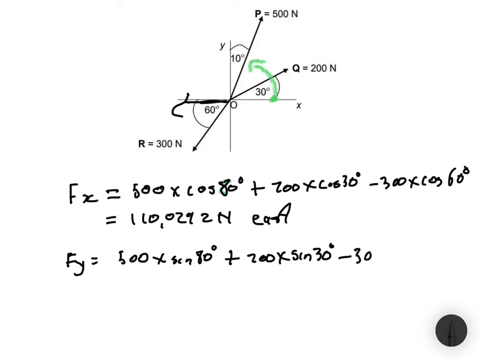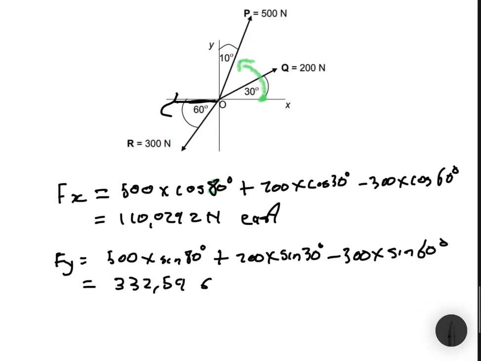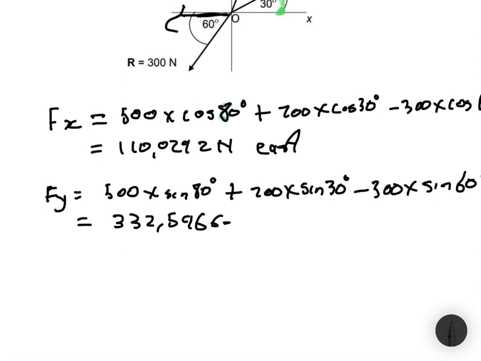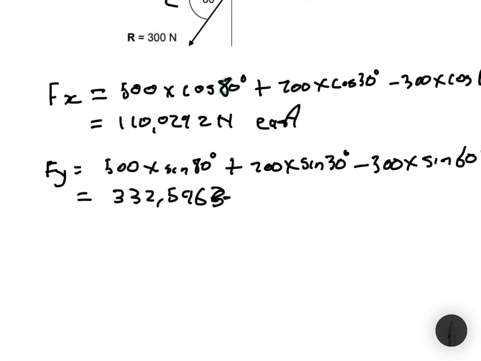So again, we have a negative sign, 300 multiplied by sine of 60, right? Let me just put that in. I'm just replacing cos with sine here. The answer I'm getting here is 332.5963 newtons up, right? So pointing north.